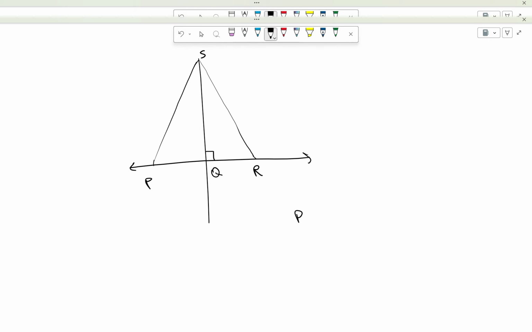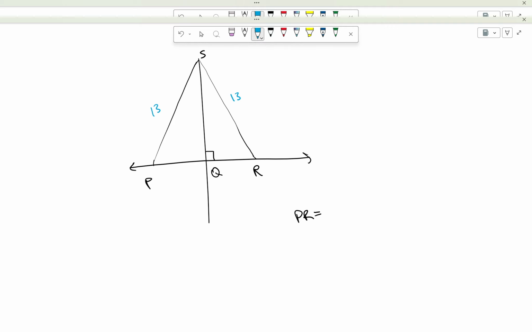Okay. And we are going to find what PR is equal to. Well, here's what we're given. It's just this, that PS is 13 and SR is 13. Well, if PS is 13 and SR is 13 is what's given.